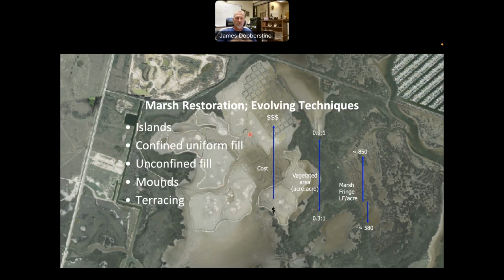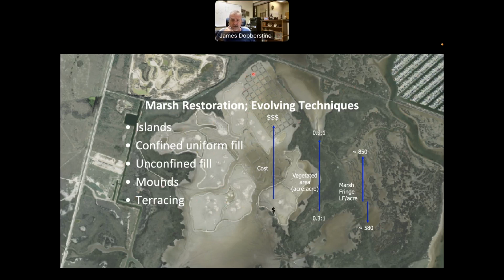We're going to talk more about Pierce Marsh specifically, but I want to focus on the different approaches or techniques because, as I spoke to a little bit earlier, these techniques can range from relatively simple. So terracing, like I just showed you, is considered to be one of the most straightforward, simple approaches towards habitat restoration. And so here you can see terraces.